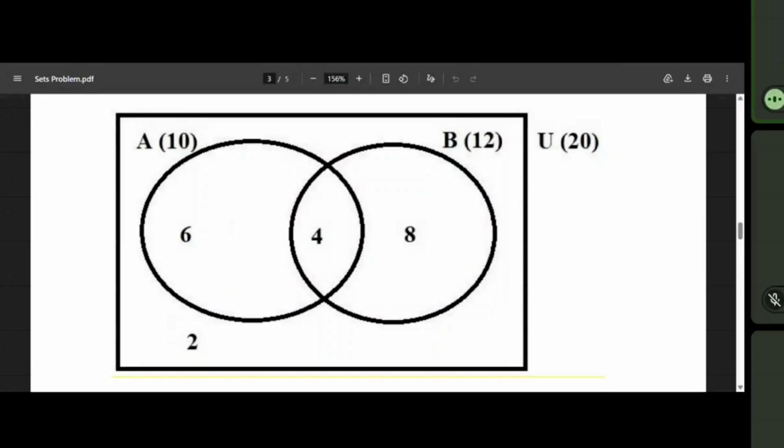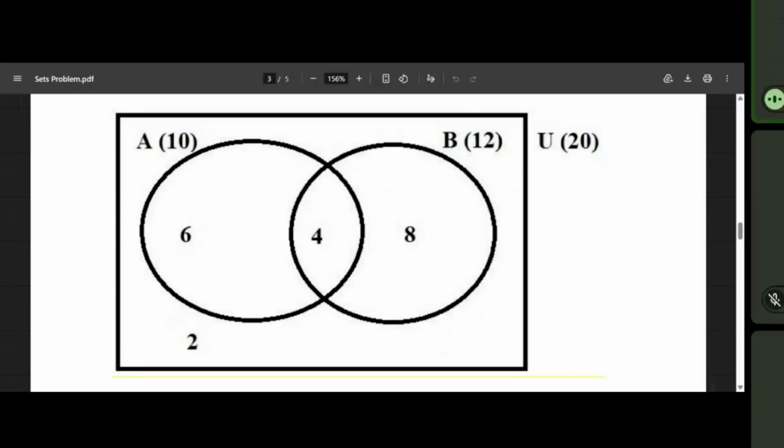Okay, all I'm saying is that the U is the total number of patients being considered.